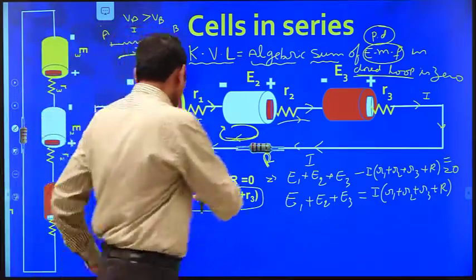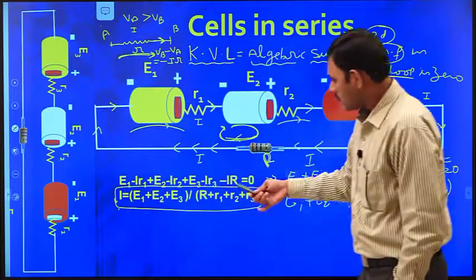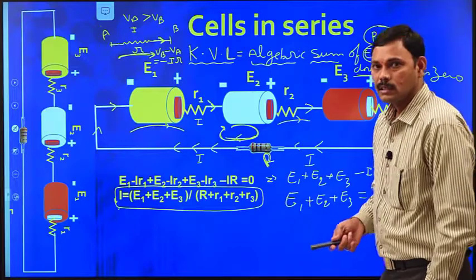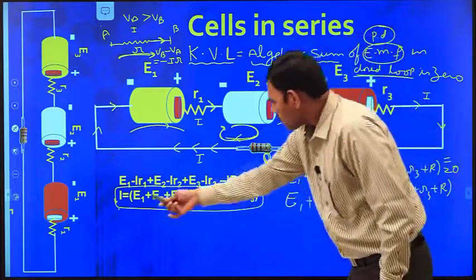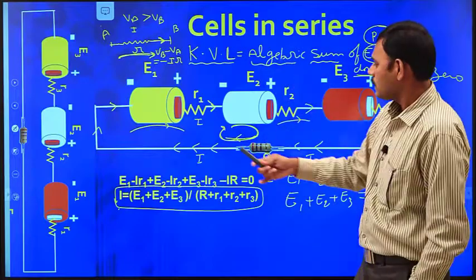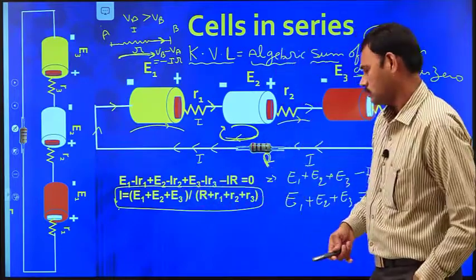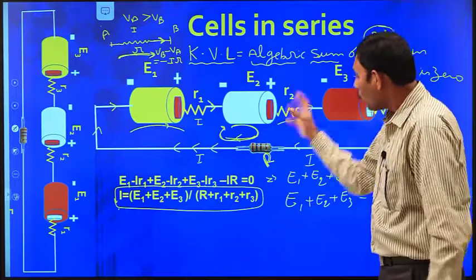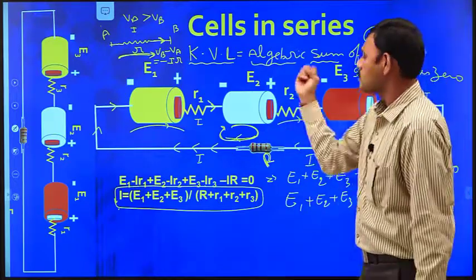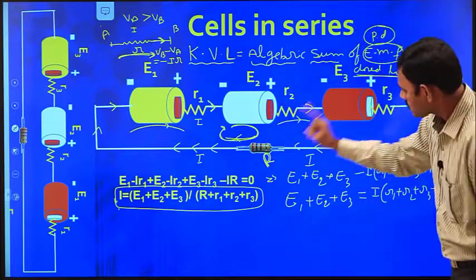We have to grasp the result from this expression so that we can apply it for numericals. The net EMF is the algebraic sum of EMFs, E1 plus E2 plus E3, whole divided by the sum of resistances, R1 plus R2 plus R3 plus capital R.